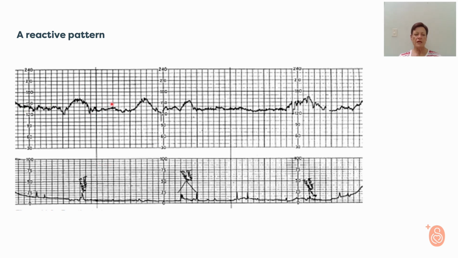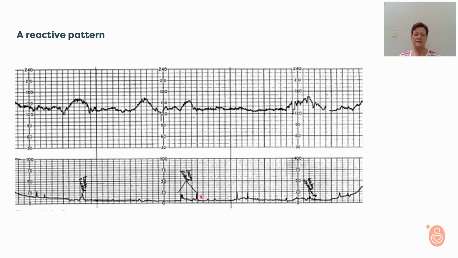And that's why you will see the variability looks a little bit stretched out, but if you look carefully, you will see it's more than 5 beats per minute. And the accelerations also look a little bit drawn out, but again, it's because the speed of the paper is 3 centimeters per minute.